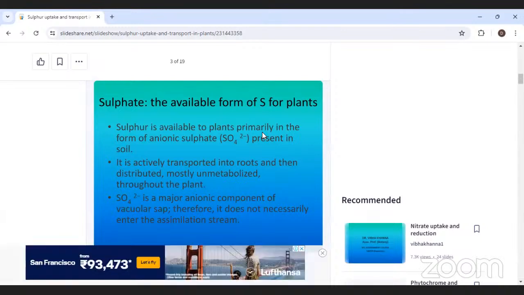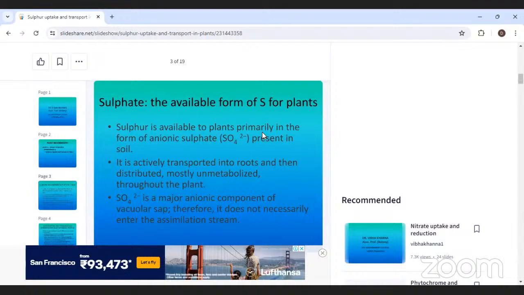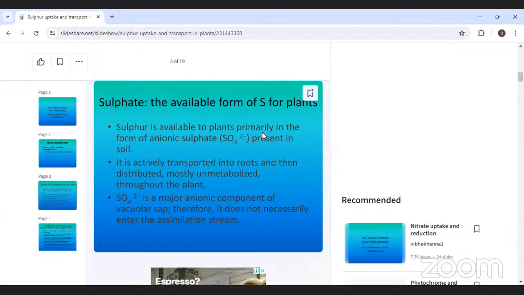Sulfur plays a structural and regulatory role as disulfide bridges in proteins. Sulfate is relatively abundant in native soils, and its deficiency is very rare. Sulfur is absorbed as sulfate by plant roots from the soil.